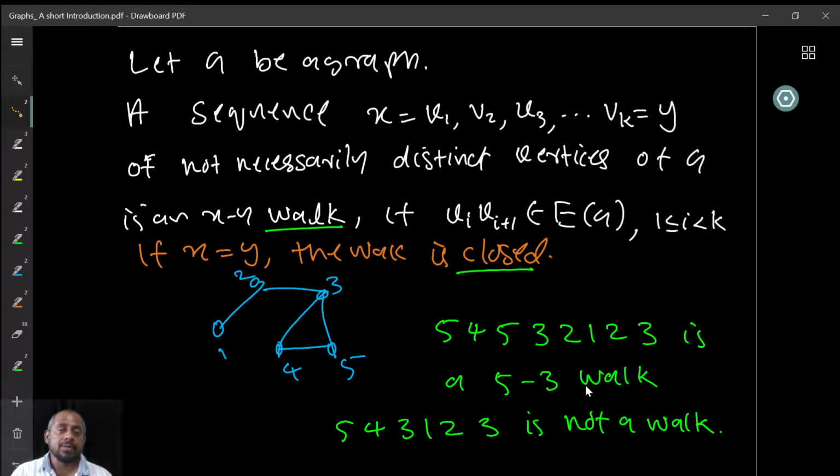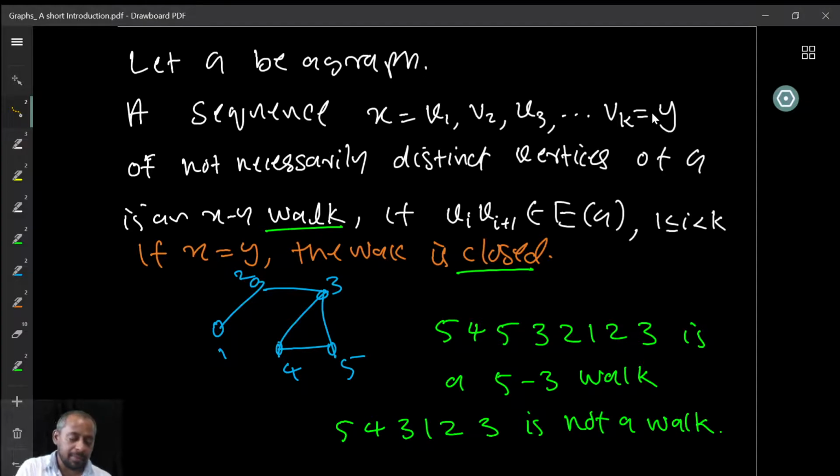It is called an xy walk if the consecutive pair of vertices vi and vi plus 1 forms an edge in the graph G. So this sequence is a walk if v1 v2 is an edge, v2 v3 is an edge, v3 v4 is an edge, etc., vk minus 1 vk is an edge. So this is called an xy walk because we start from the vertex v1 equal to x and end with the vertex vk equal to y. If those two vertices coincide, then it's a closed walk because we come back to the place we started.